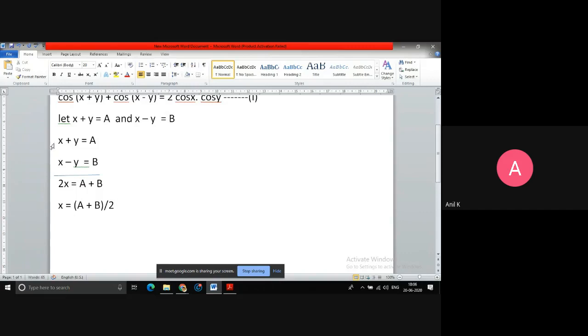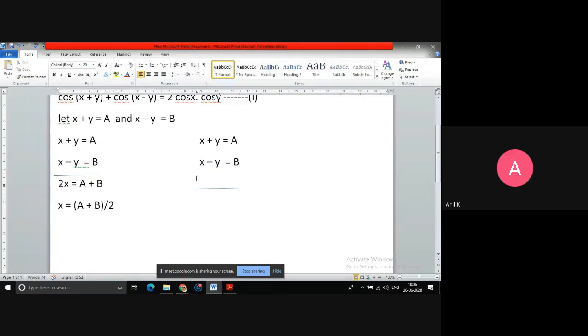Similarly, when I subtract these two equations, let me copy here and solve it again. This is one equation, and this is another equation. So if I subtract them, I think you remember the pair of linear equations, how to solve them.